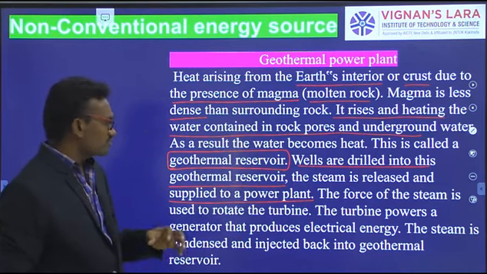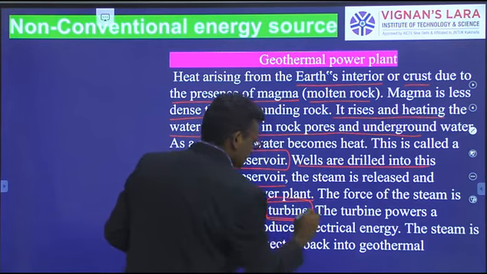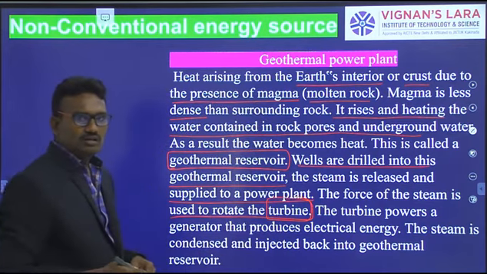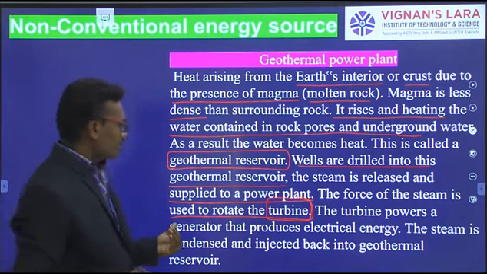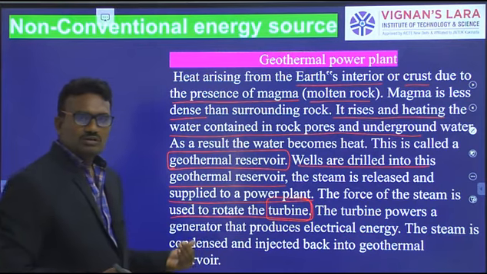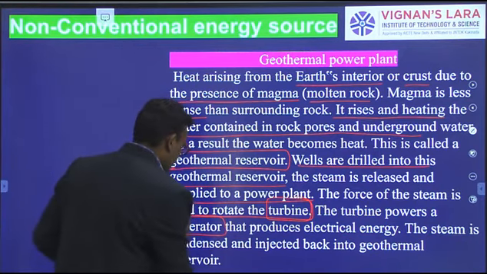The force of the steam is used to rotate turbines. The turbines are rotated by the steam to produce electrical energy in a generator.